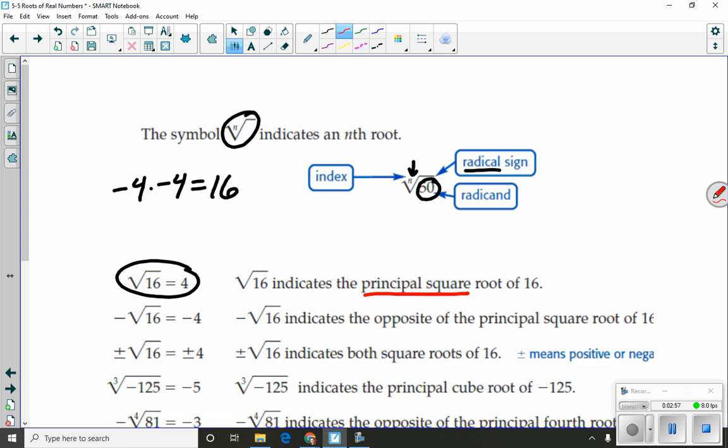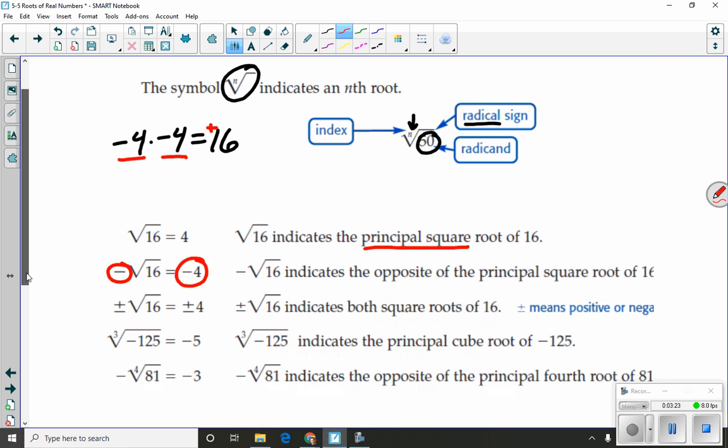So now, if I want the negative root, they're going to put a negative sign out front here. If there's a minus sign out front of that square root, that's when they're going to want the negative 4. So the negative square root of 16 is negative 4. Notice that there's no negative inside that square root, because a negative times a negative does make a positive.